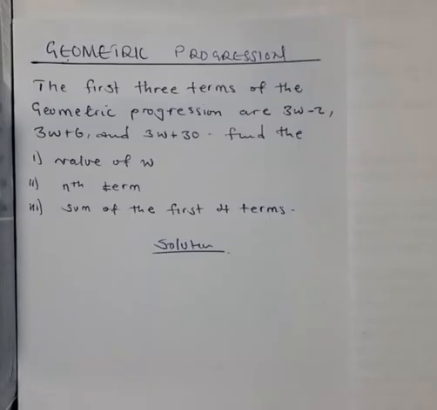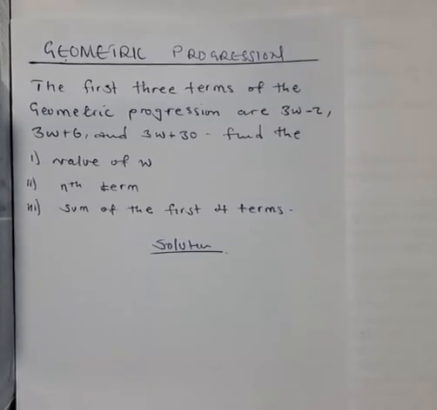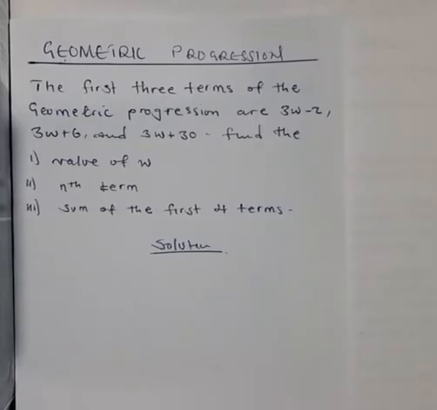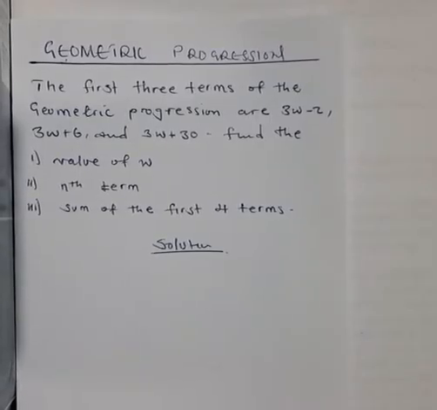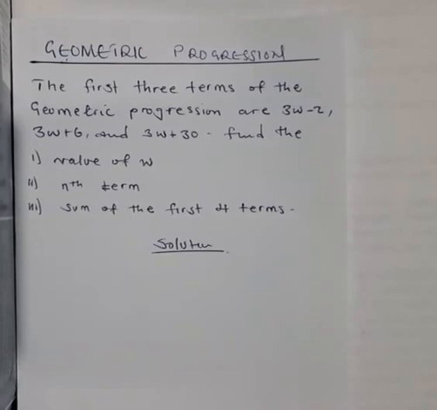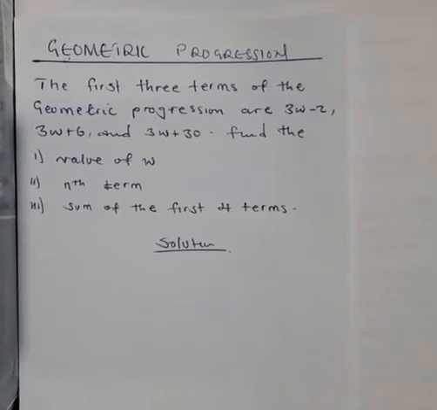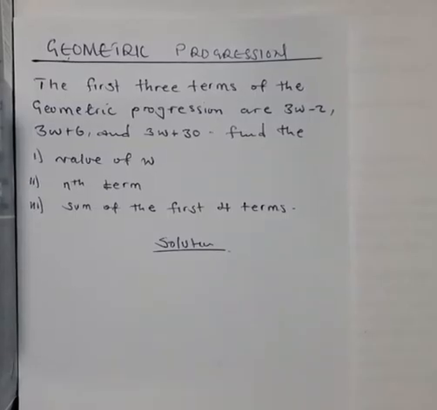So there was this challenging question in one of these past exam papers. It is under geometric progression, or GP you may call it. It said that the first three terms of the geometric progression are 3w minus 2, 3w plus 6 and 3w plus 30.